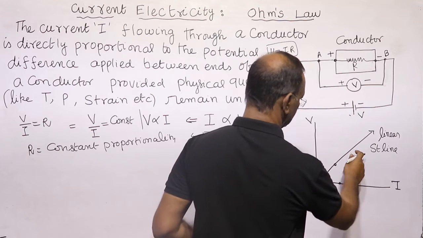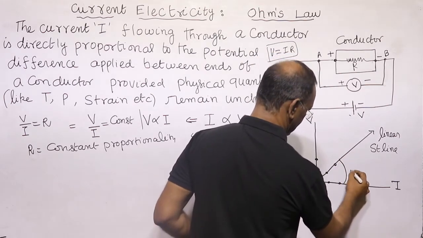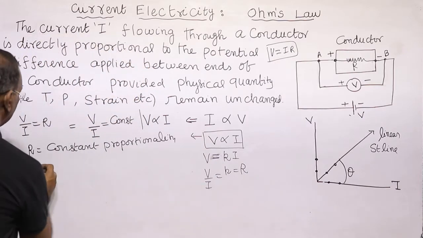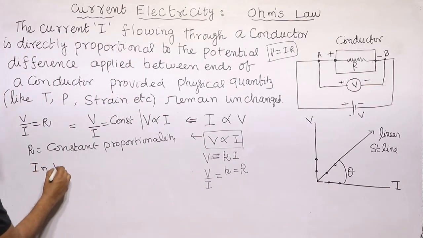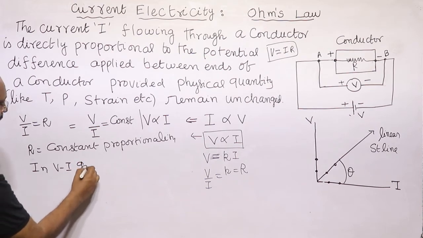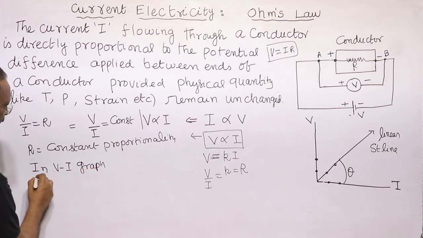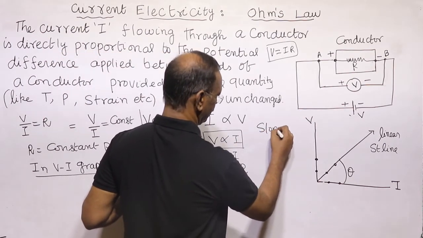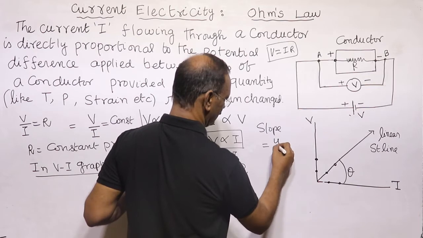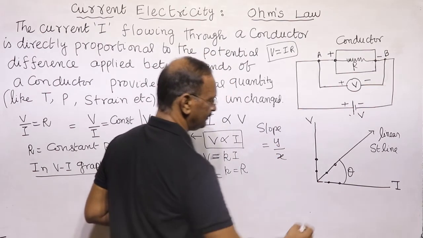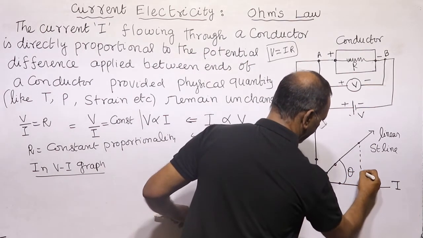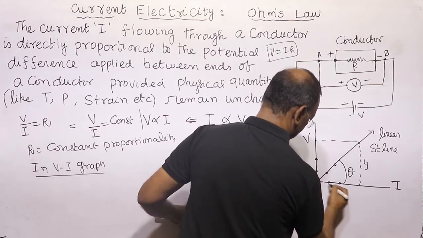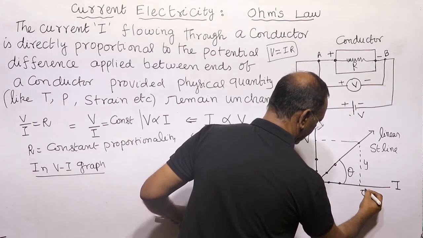Suppose this graph makes an angle theta with the axis in the VI graph. What is slope? Slope is equal to y coordinate by x coordinate. The y coordinate is nothing but voltage, and the x coordinate is nothing but current.